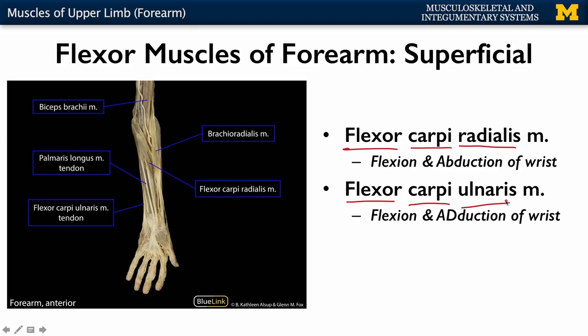So you have your flexor carpi radialis here on the radial side, and then your ulnaris is almost hard to see in an anterior view, but it's going to be attaching from the ulna to bones associated with the wrist. So flexion, they're playing a big role there. Also, they're going to play a role in terms of abduction and adduction of the wrist.